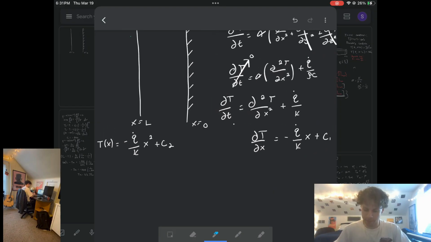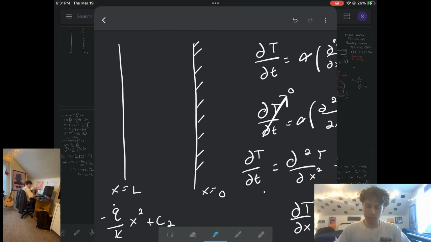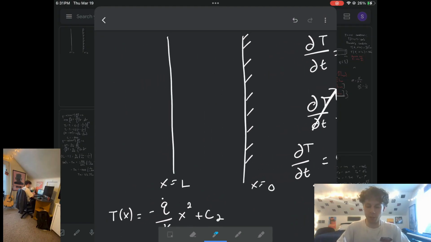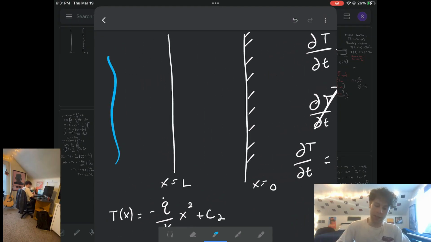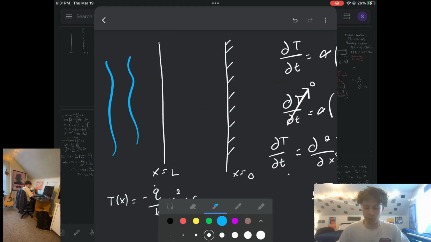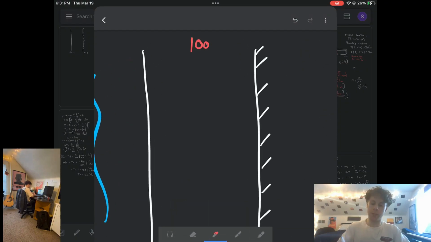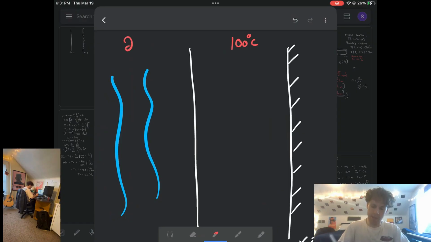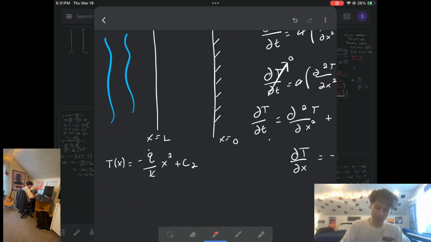Now, at x equals L, we'll call this TL. So if the right plate is perfectly insulated and the left plate is losing temperature to air, we'll say that the temperature on the inside is 100 degrees Celsius and the temperature on the outside is 20 degrees Celsius.